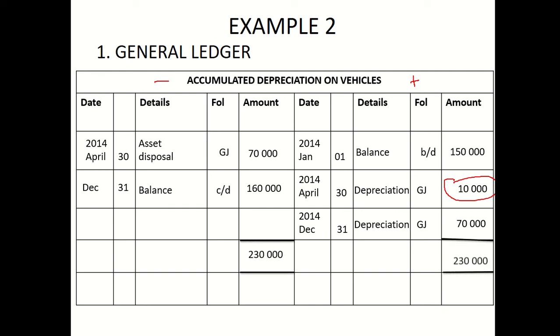You simply total both sides, we'll get 230,000. 230,000 minus 70,000 will actually give you that 160,000. So this 160,000, it is the balance of our accumulated depreciation at the end of the financial year. This is the accumulated depreciation of the remaining assets. I hope that is clear.